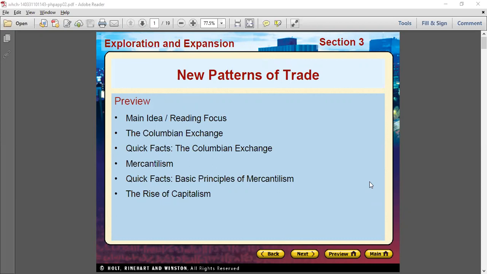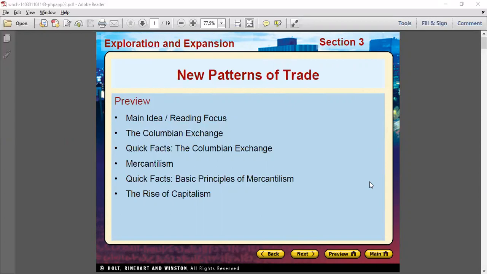This is like a flip lesson about a new section in Unit 16, Exploration and Expansion. If you remember, in the last sessions, we covered Voyages of Discovery, Section 1, and we also went through Conquest and Colonies, Section 2, and this is the third section we're going to cover.